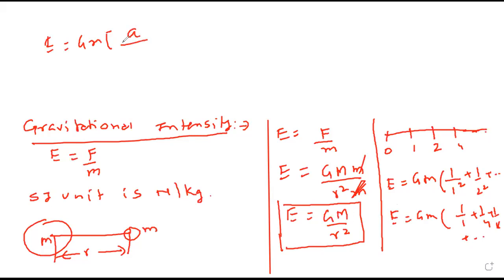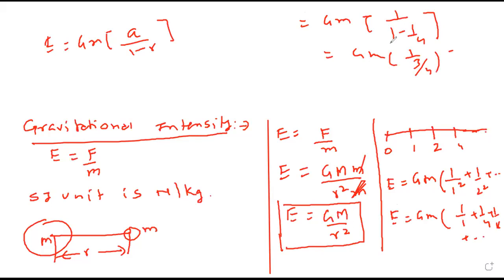Then directly you can write A upon 1 minus R. That is GM, A means first term, 1 minus 1 by 4. That will become GM into 1 upon 3 by 4, equals 4 by 3 GM. Copy this gravitational intensity formula.